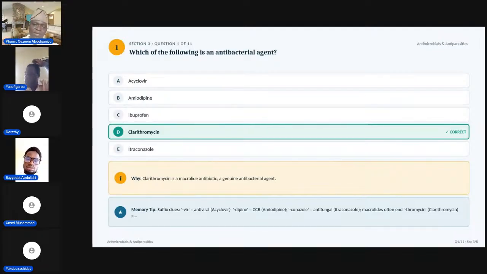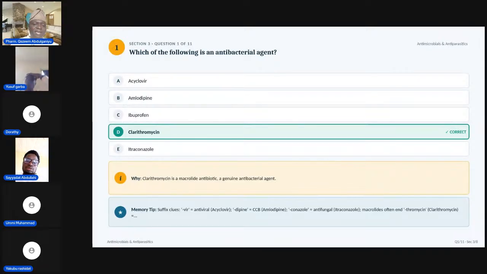So the first question I got here is, which of the following is an antibacterial agent? Antibacterial. See, it might not be 100%, but when you see something like acyclovir, something with a vir ending like this, most of the time it is antiviral. Amlodipine, all of us know that it is not even an antibiotic, right? It is for hypertension. This is a beta blocker.